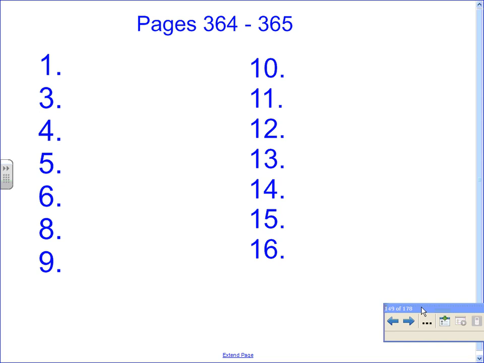Okay, number one, Justin. Perfect. I'm just going to abbreviate. That represents the principal. Okay, number three, Matt. No, 140 and 640. You had to find both. You're right. Number four, Emma H. Good.